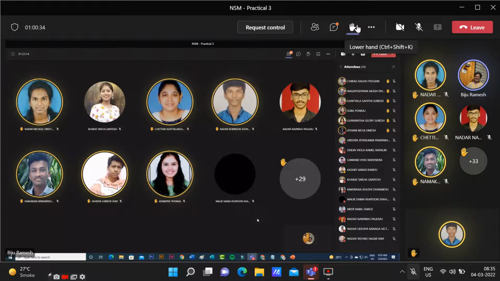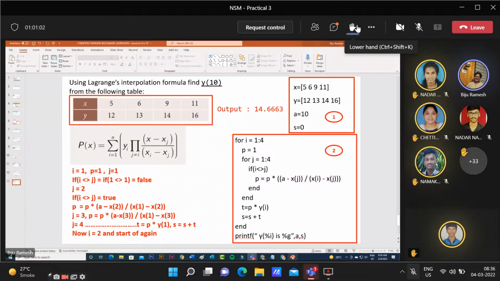See, I have not gone in deep. Now, why are you writing the i loop outside and the j loop inside? As I told you, you can write the j loop outside and the i loop inside, no problem. That is all your choice.